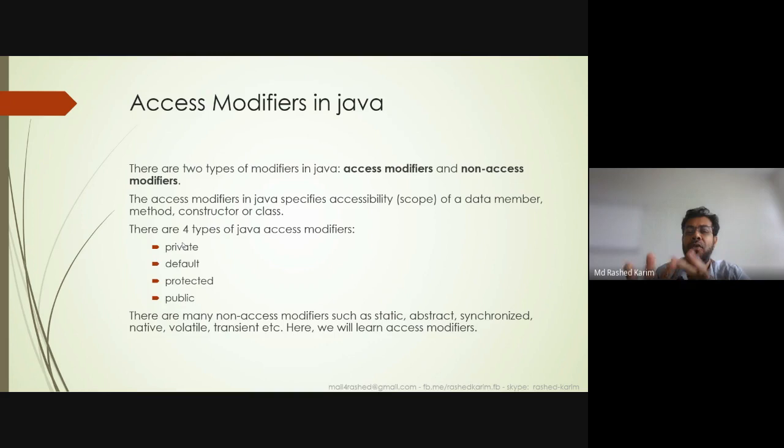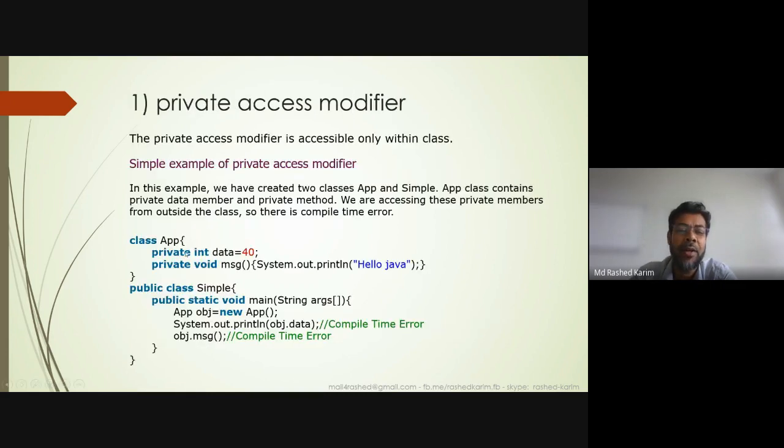Default is only for inside the package. If you don't put anything, private or protected or public, just an integer data, it will be default. So default can be accessed inside the package.